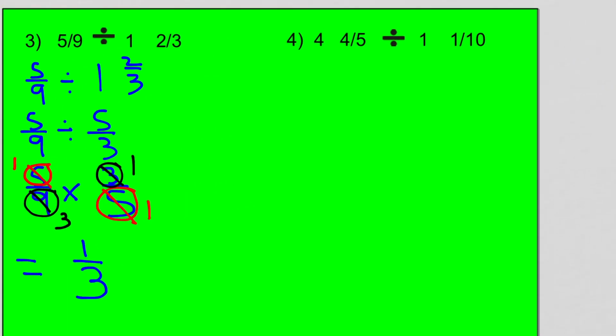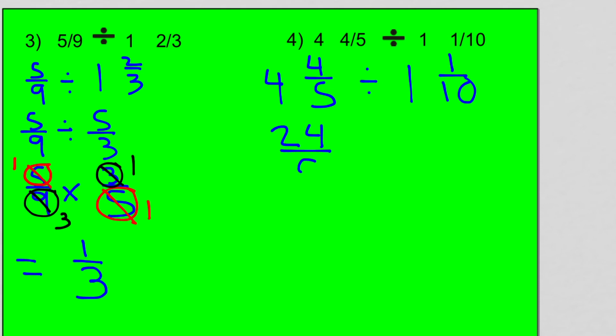Okay, last question. We have 4 and 4 over 5 divided by 1 and 1 over 10. Make them both improper. 5 times 4 is 20, plus 4 is 24 over 5, divided by 1 times 10 is 10, plus 1 is 11 over 10.